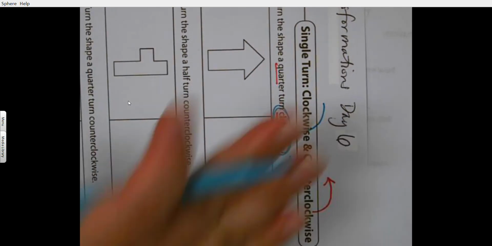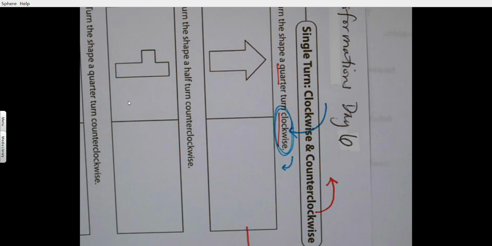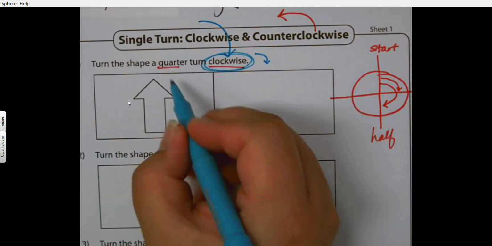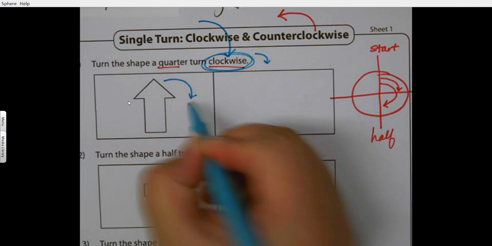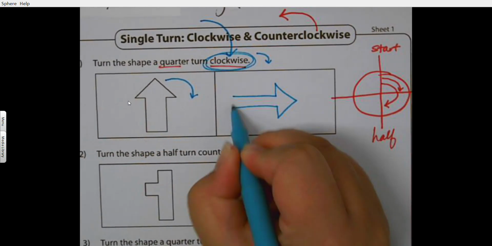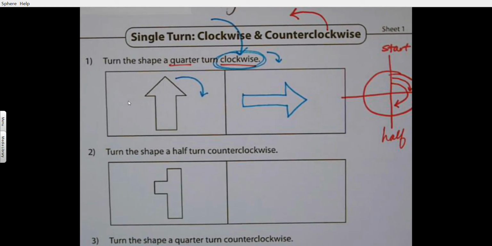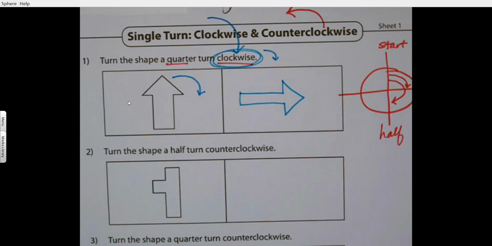Okay, so the arrow will be pointing towards my dot cam or towards the windows. It'll be pointing to the right. So I'm turning it this way, a quarter turn. And you're just sketching it. So just sketch an arrow or an object the best you can.